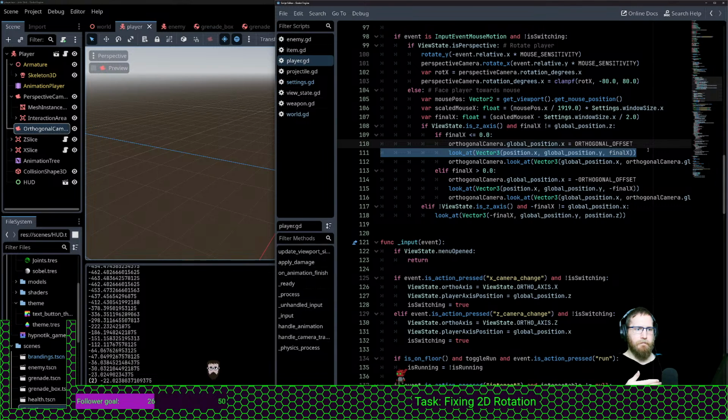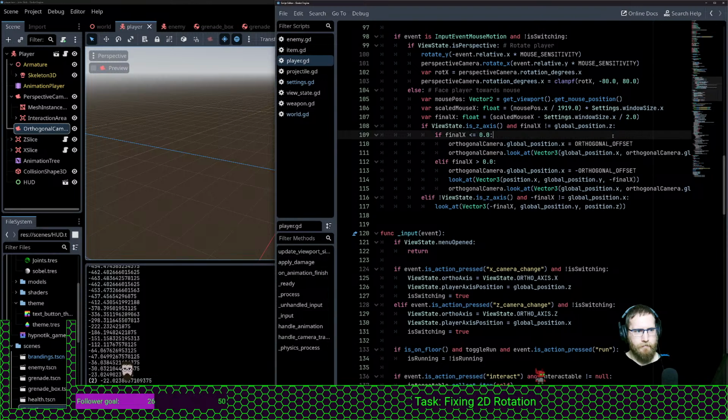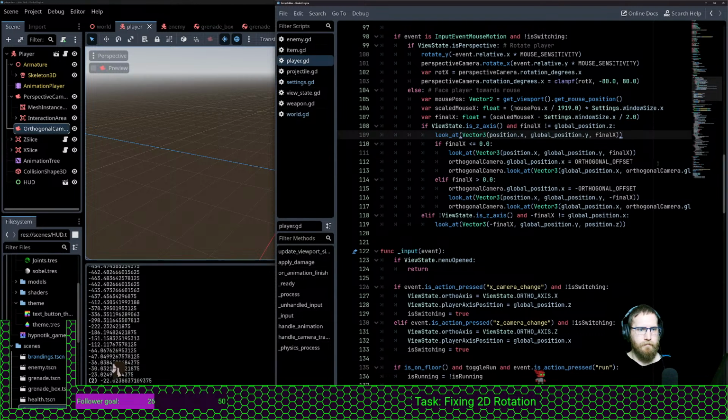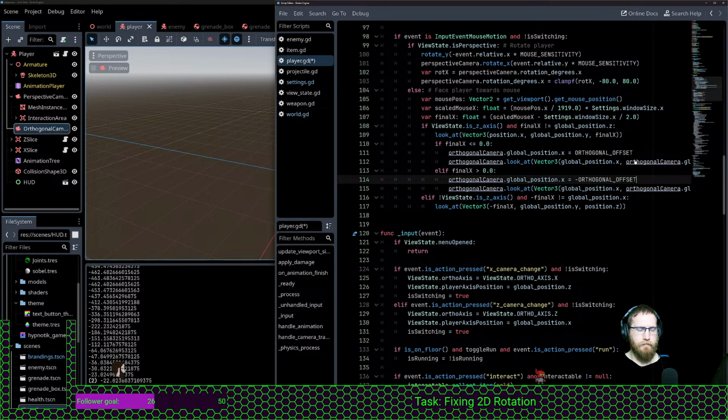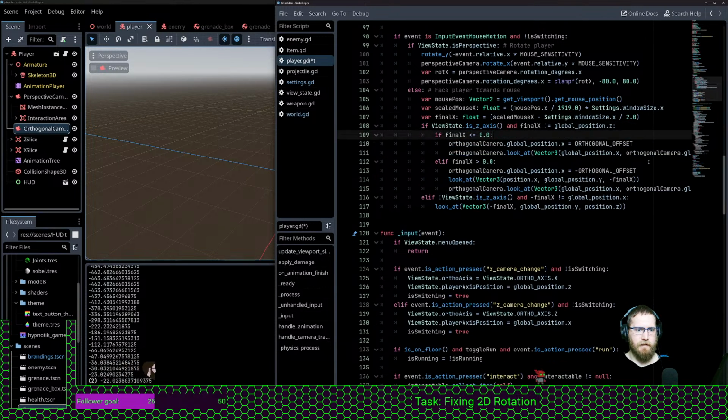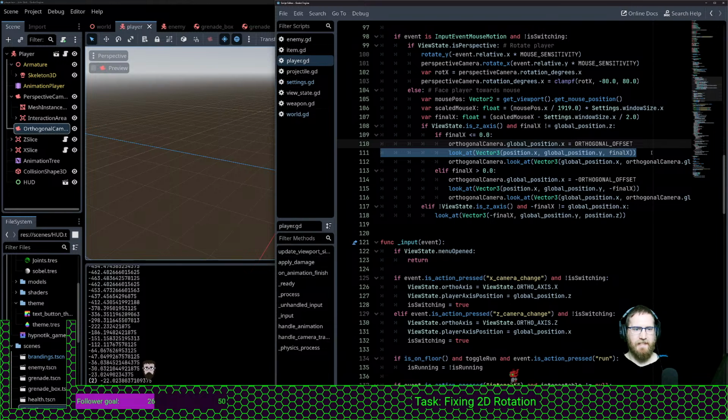That should leave all of the world objects in the exact same position. Actually, I can leave those there. That's fine because they've got to have those negatives.